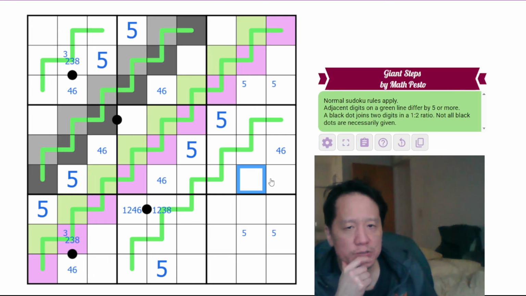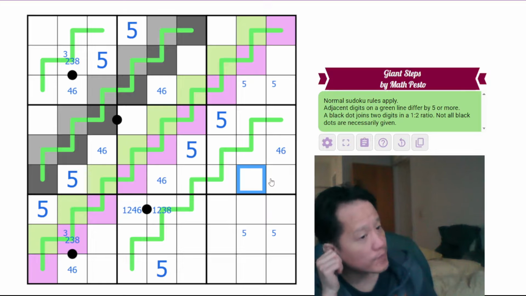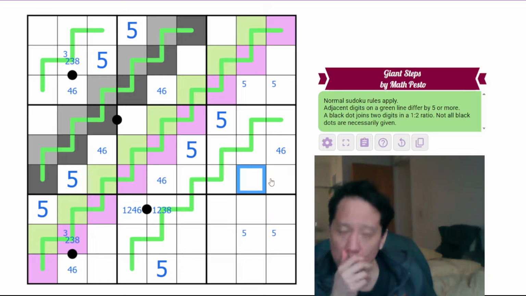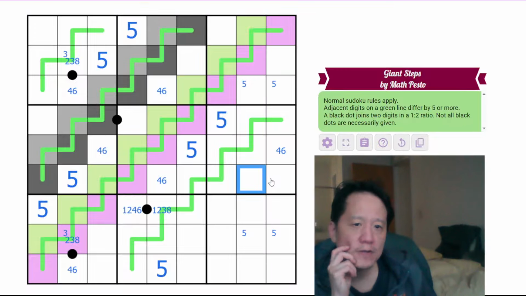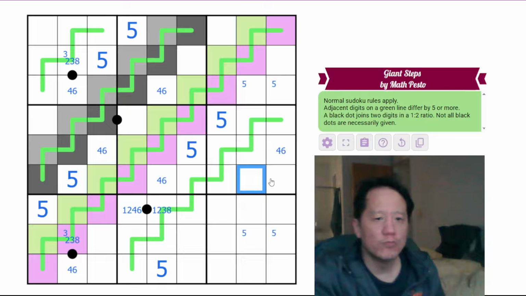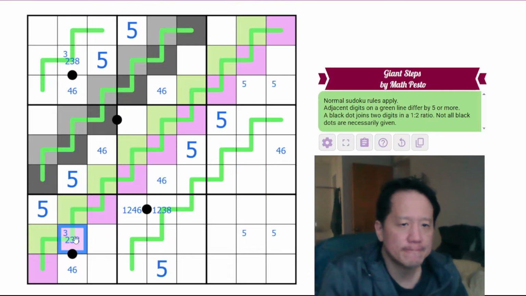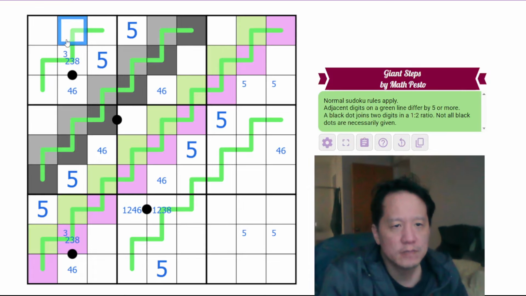What else do we know? One of these is 3. So it would have to be next to an 8 and a 9. But we don't know which is which.